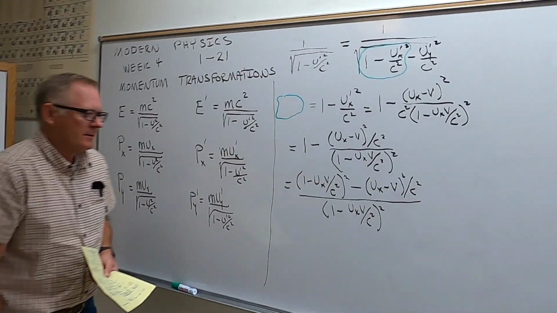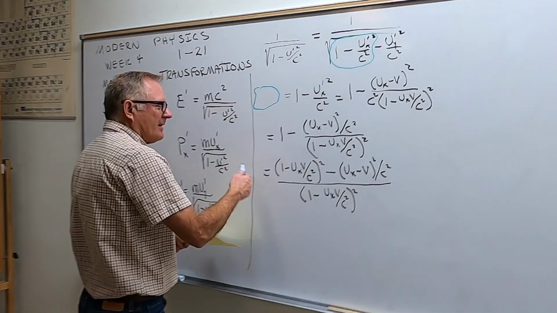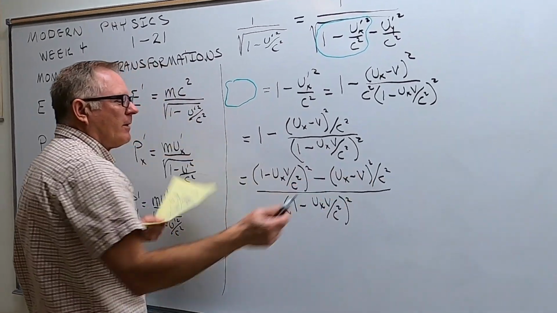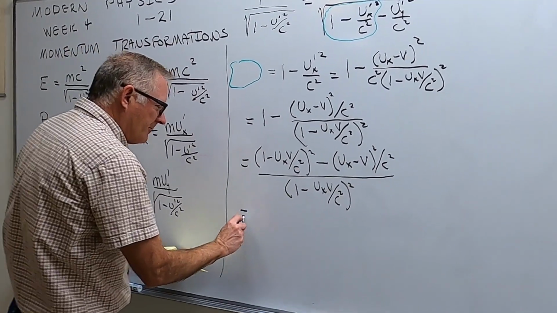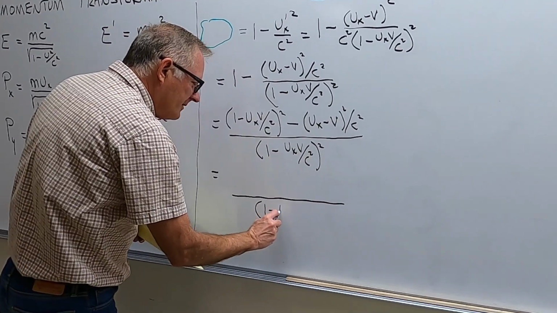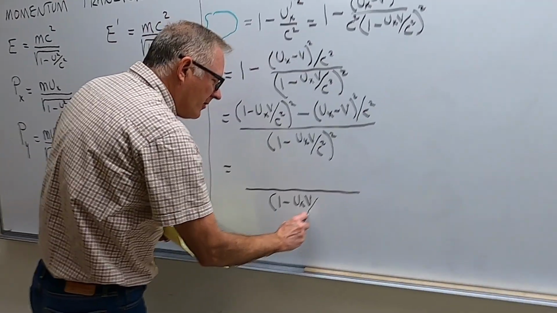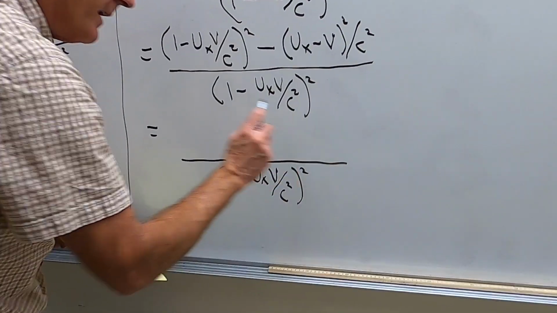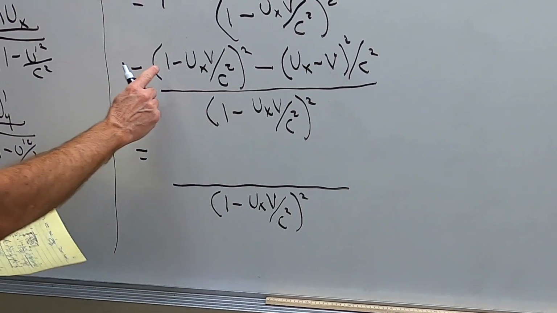Okay, so now let me just multiply out the top right there. Keep the bottom the same. We'll keep it down here as 1 minus uxv all over c squared, squared. But the numerator, I get a 1.